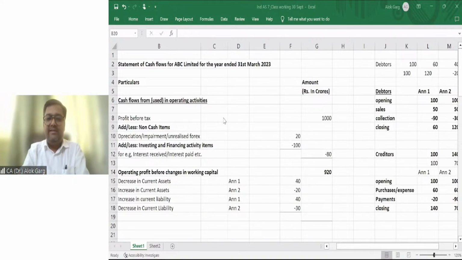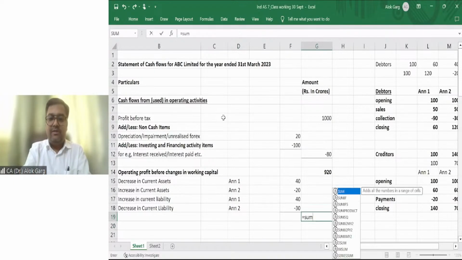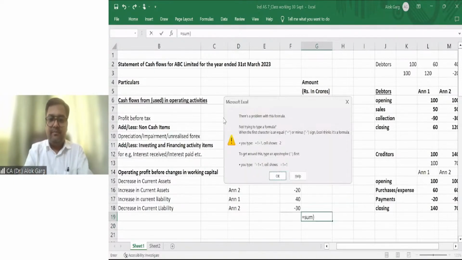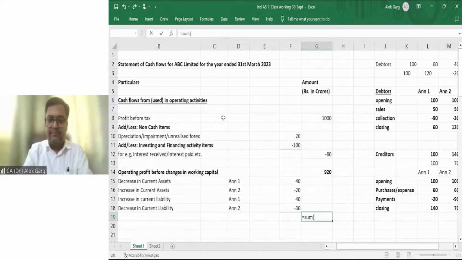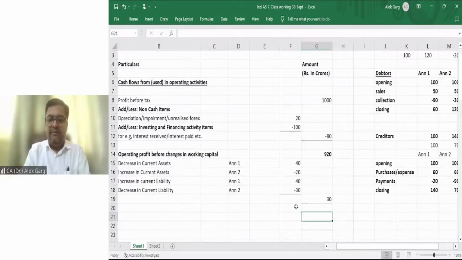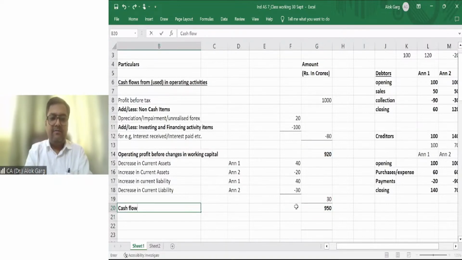The total is known as cash flow from operations. So this will be 920 plus 30. This is known as cash flow from operations.